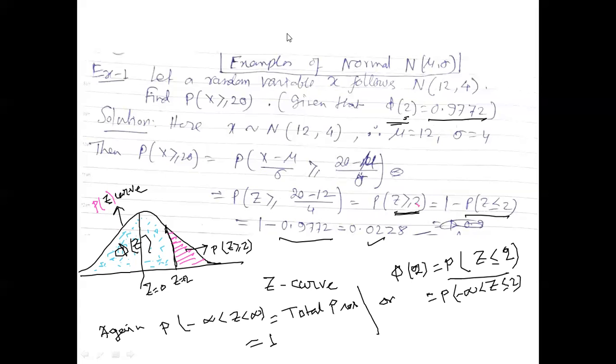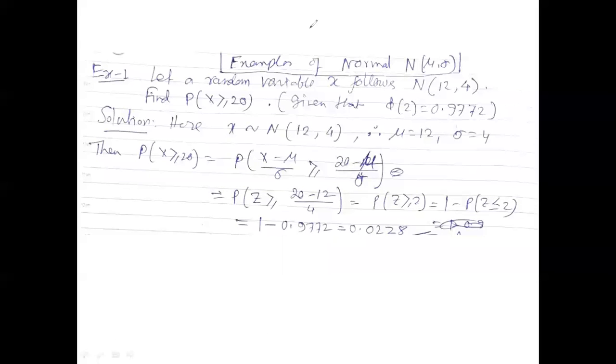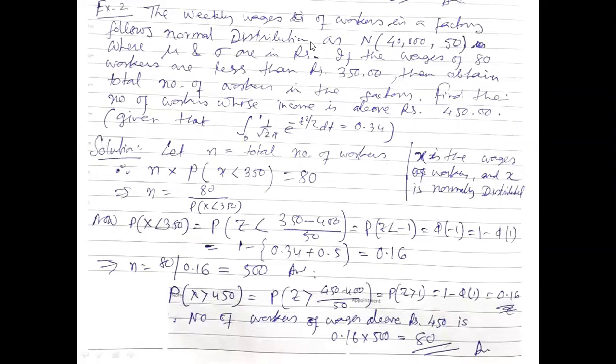Now let us go for example 2. The weekly wage of the workers in a factory follows a normal distribution with mean equal to 40,000 and standard deviation 50, where mu and sigma are in rupees.